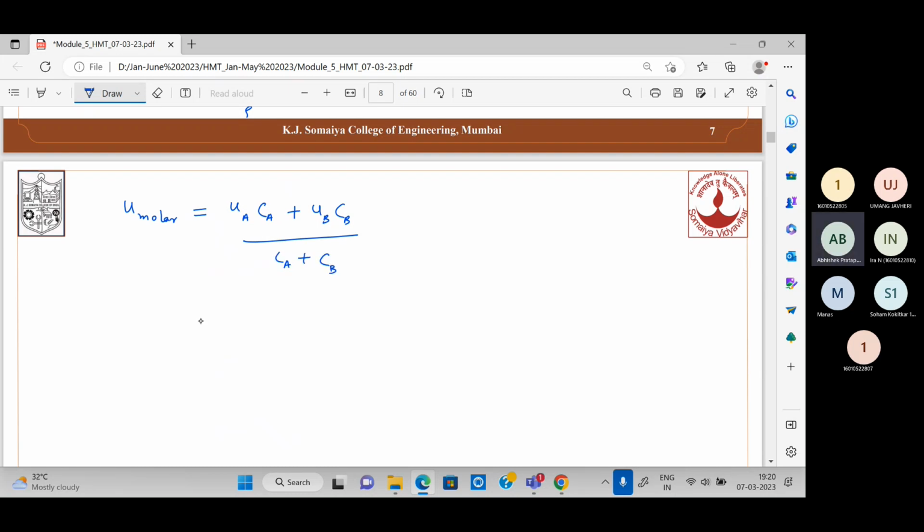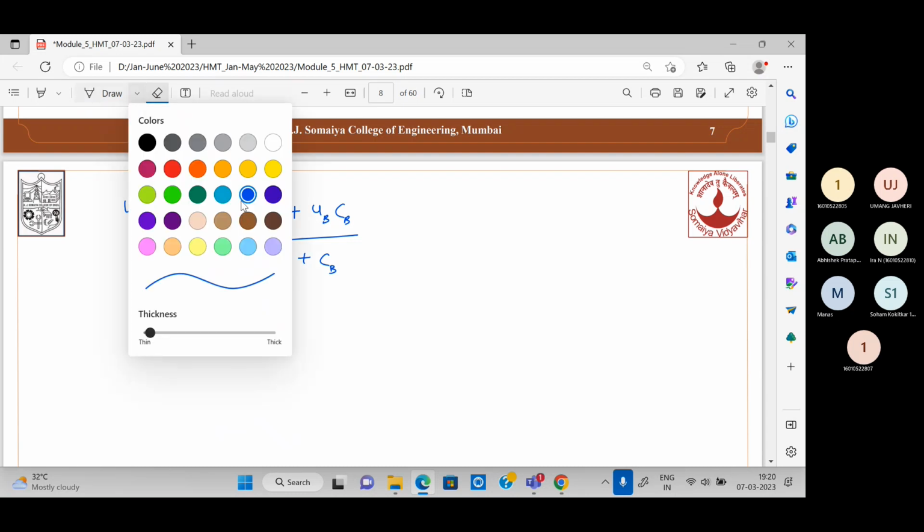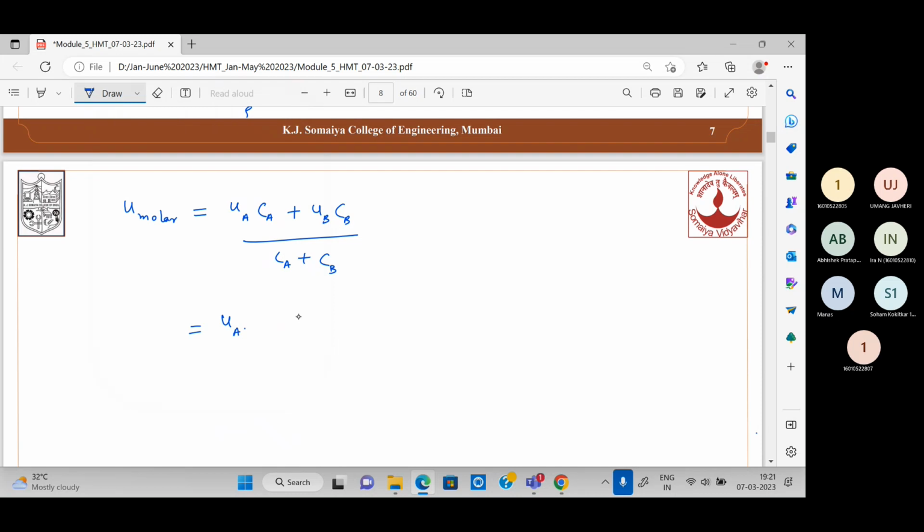And if we take the complete mixture, CA plus CB is equal to C. So we can write it as UA CA plus UB CB divided by C.